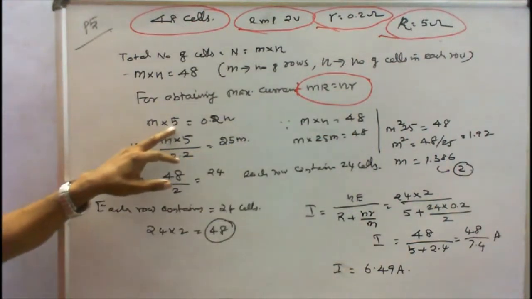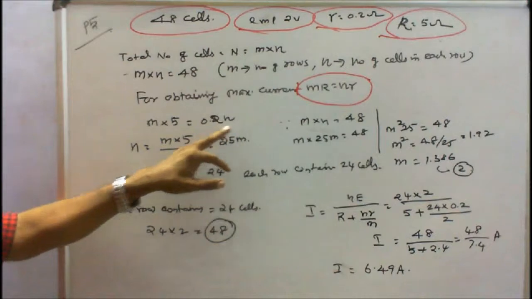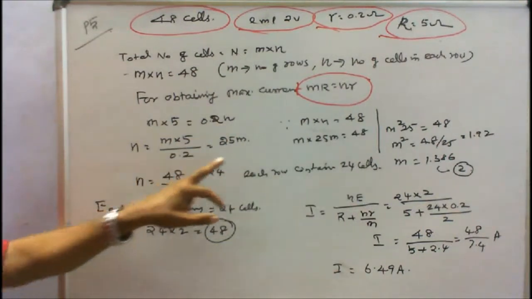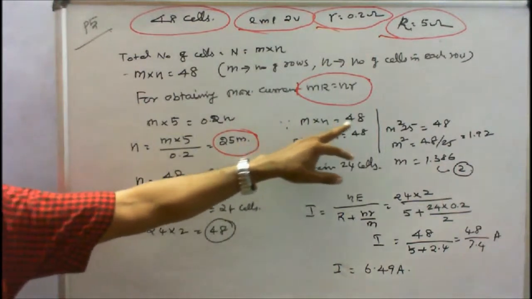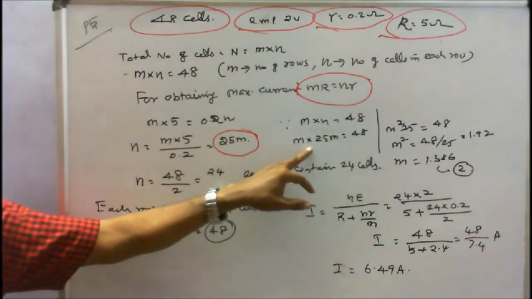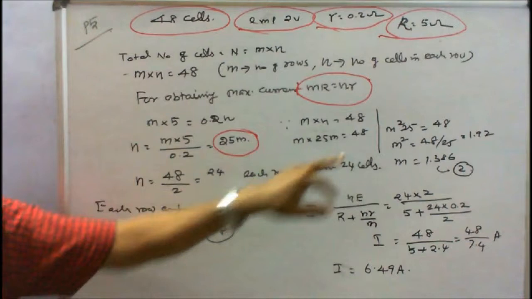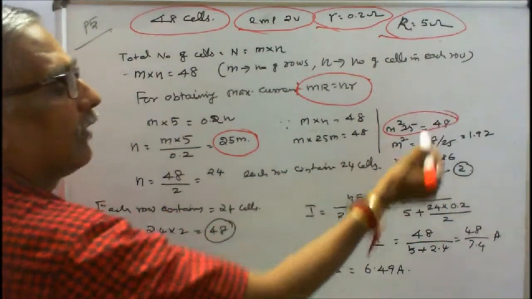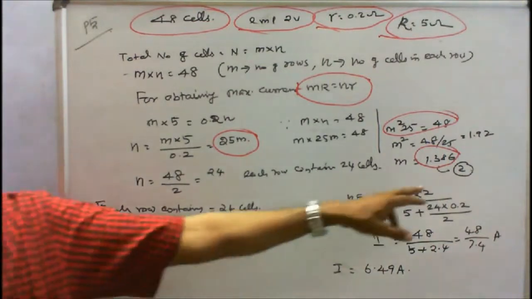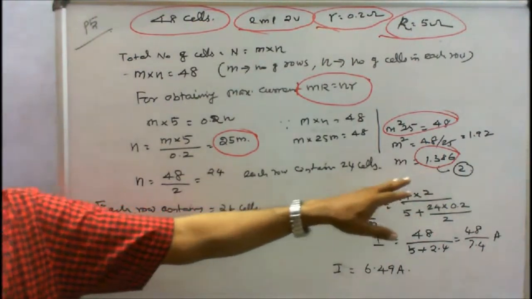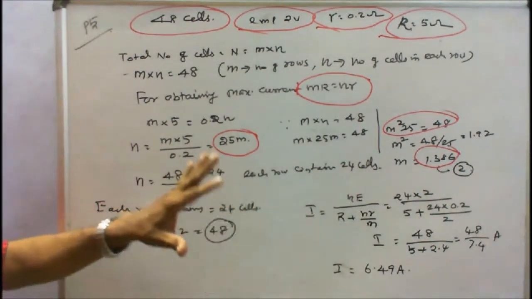Therefore, m into 5 is equal to 0.2 into n. Therefore, n is equal to 25 m. Since m into n is equal to 48, therefore m squared into 25 is equal to 48. Therefore, m is equal to 1.386. The nearest value is 2. Therefore, the number of rows should be 2.